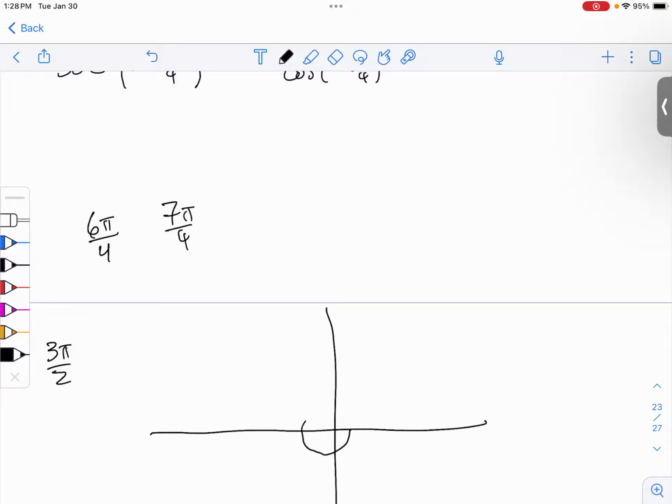Oh look, I'm all the way back in the first quadrant. Specifically, I'm pi over 4 past. Negative 7 pi over 4 is actually the equivalent of positive pi over 4.